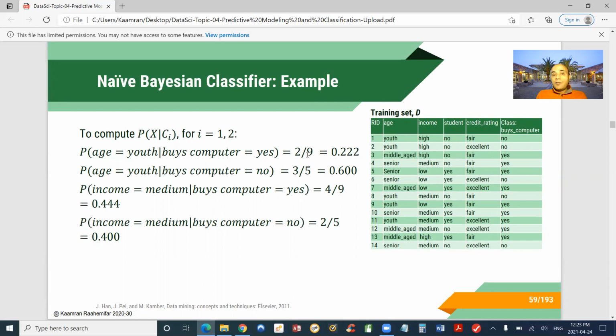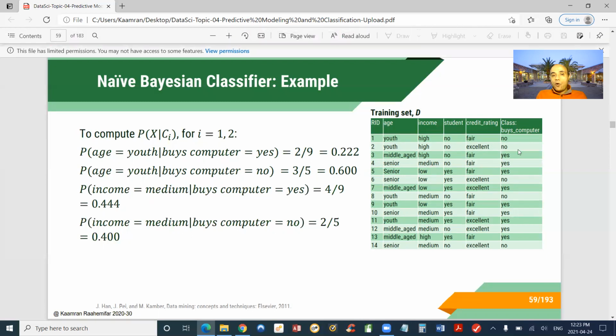So this is going to be 2/9, buy yes and the age is youth. And then buy no and the age is youth. I'm going to count them. You are going to go here: yes, no, yes, no. So that's 2 nos. And then youth no, that's 3 nos. Youth yes, that's 1 yes. Youth yes, that's 2 yeses. And that's it.